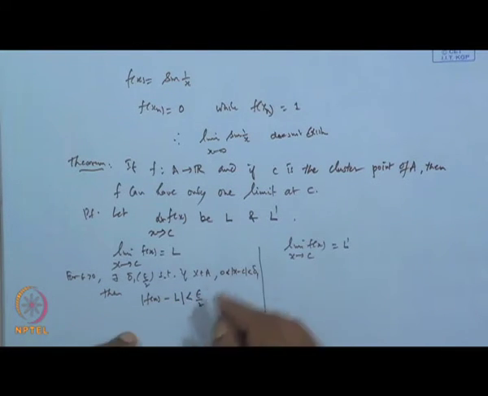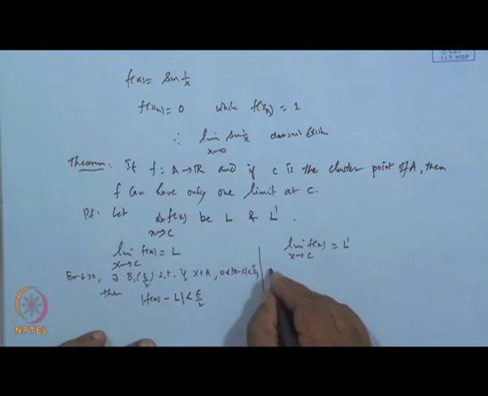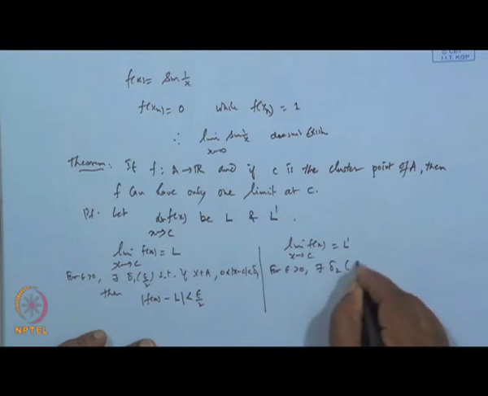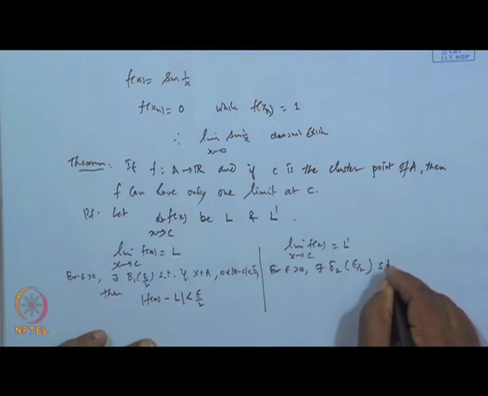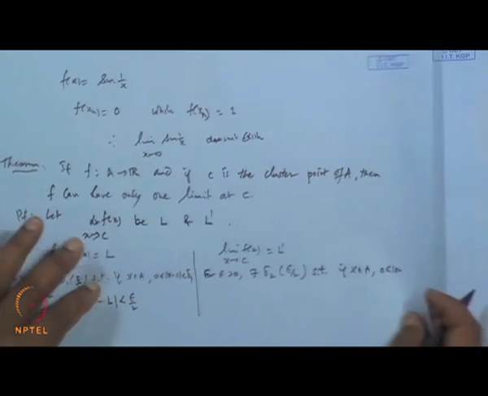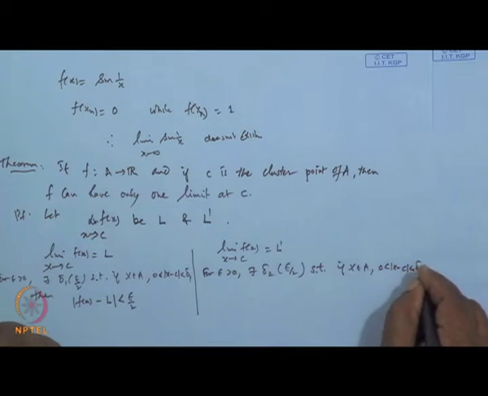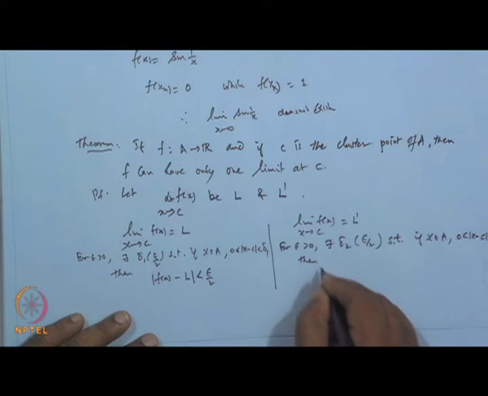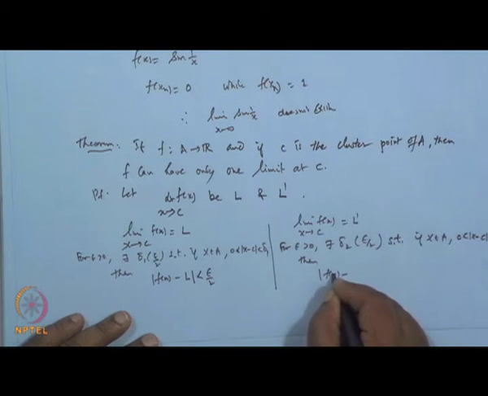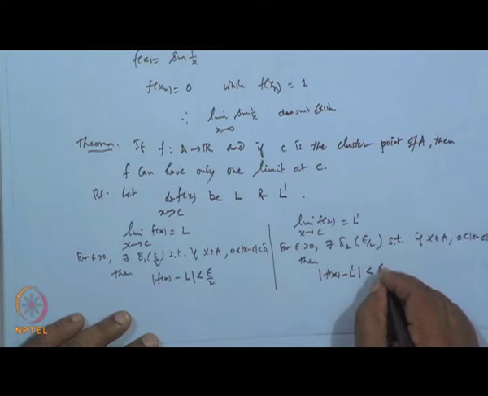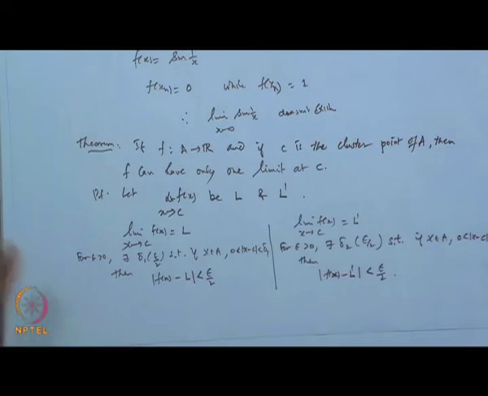Similarly, for the same epsilon greater than 0, there exists a delta 2 which depends on epsilon by 2 such that if x belongs to A and mod x minus C is less than delta 2, then mod of f x minus L dash is less than epsilon by 2 for all such x.